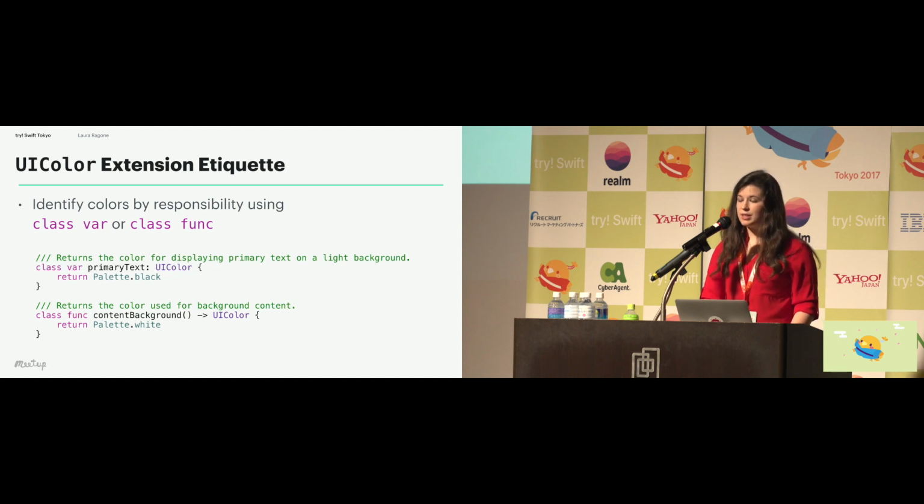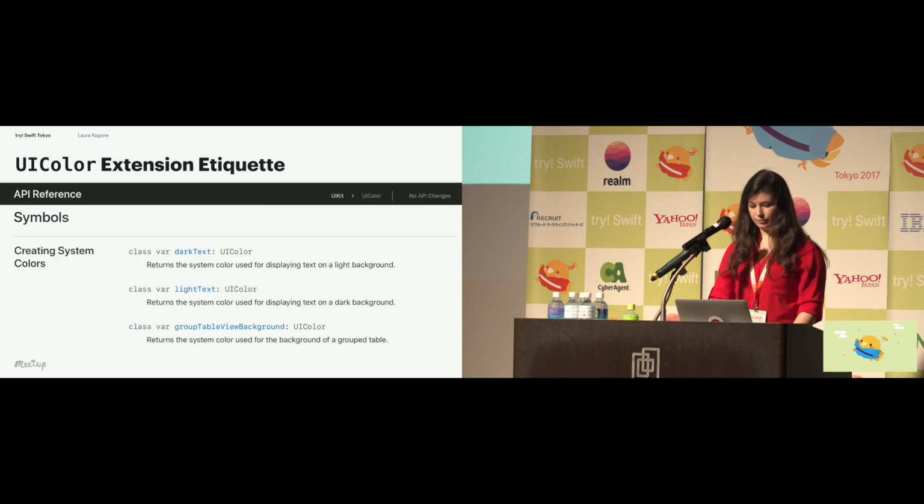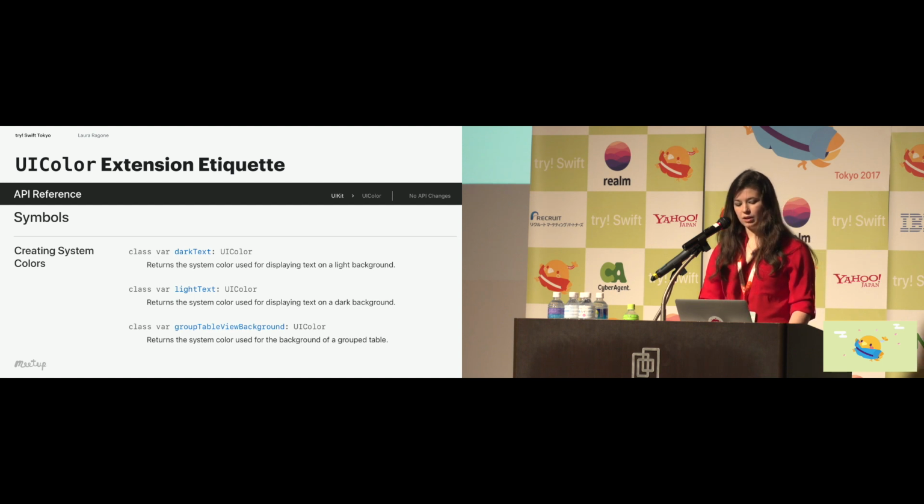We should access these class colors, not palette colors, when establishing the appearance of UI elements. Unlike our palette colors, which are identified by hue, these colors should be identified by responsibility. Consider this example from the UIColor API reference.